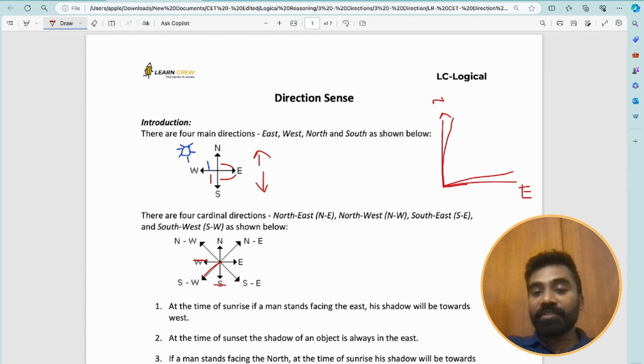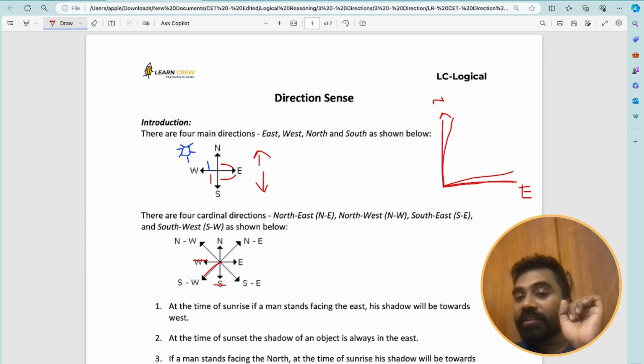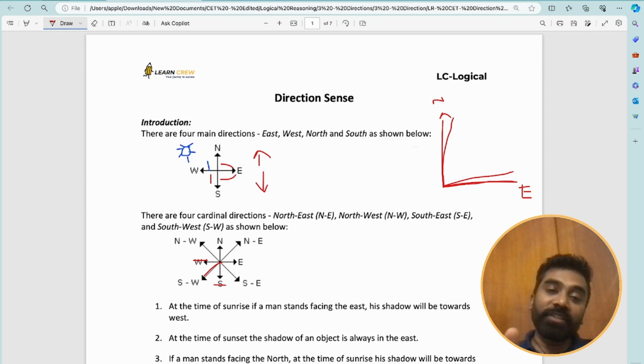Unless he is on the same straight line, he is on east. Else, even a 1.1 degree deviation from the east or from the north, it is going to be called northeast. The same logic holds good for northwest, southwest, southeast. There is no change in that. So hope this basic concept is clear for you. Right?